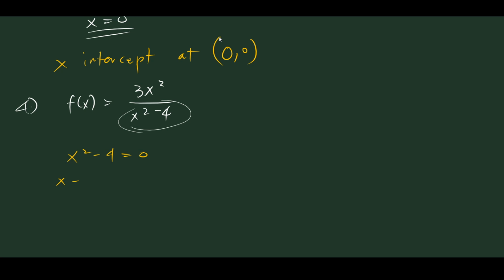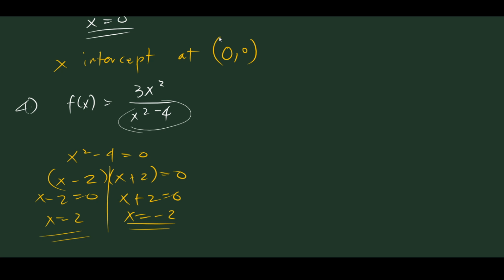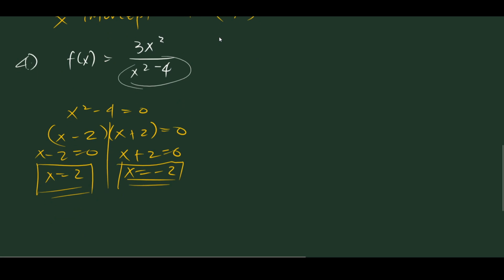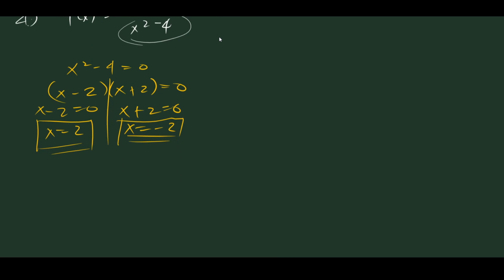We can factor this out. And then applying the zero product property, we get x is equal to 2 and x is equal to negative 2. So here are our vertical asymptotes.